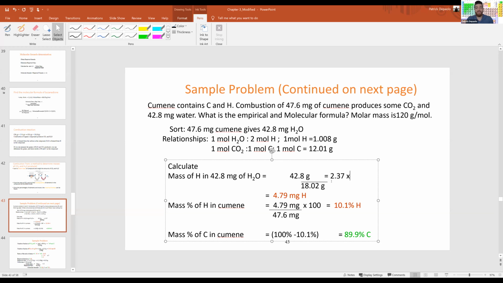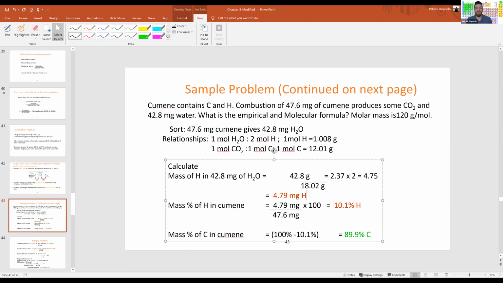The reason I'm multiplying by 2 is to figure out the moles of hydrogen. So 4.75, and now we can multiply 4.75 by 1.008, which gives us 4.79. Now that we have the moles of hydrogen, we can figure out the mass of hydrogen that is in 42.8 milligrams, or grams in our case, of H2O.